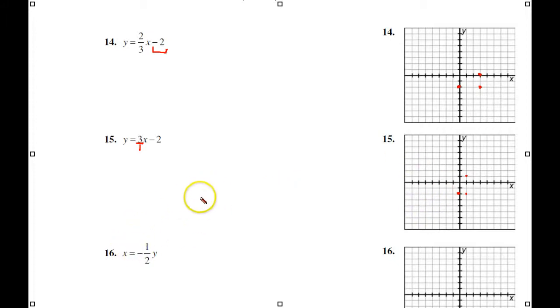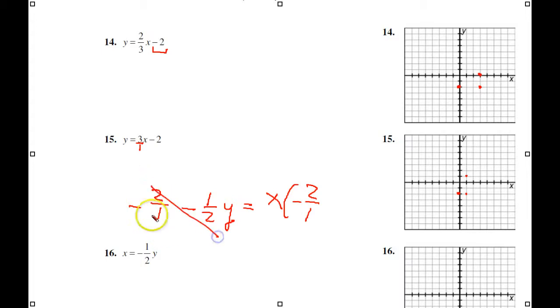Now, this one's a little tricky. Notice it's a -1/2 y equals x. So if I want to solve that for y, I have to multiply both sides by the reciprocal, a -2 over 1. Okay?